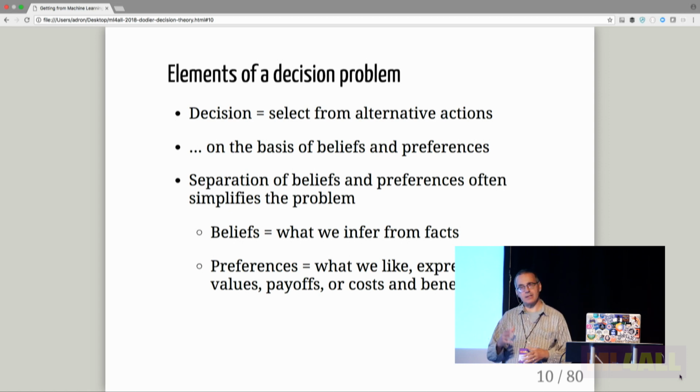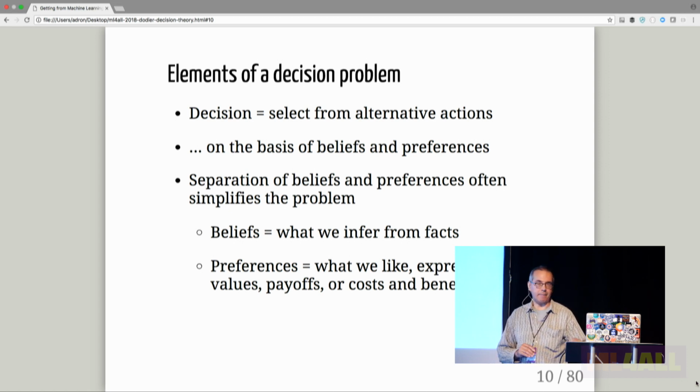And then preferences are a little more fuzzy in the sense that these are tied to assessments or values that different individuals might have. So by separating beliefs and preferences, we're kind of separating these two aspects: the value part of it that's more personal, and the belief part that is more tied to facts.